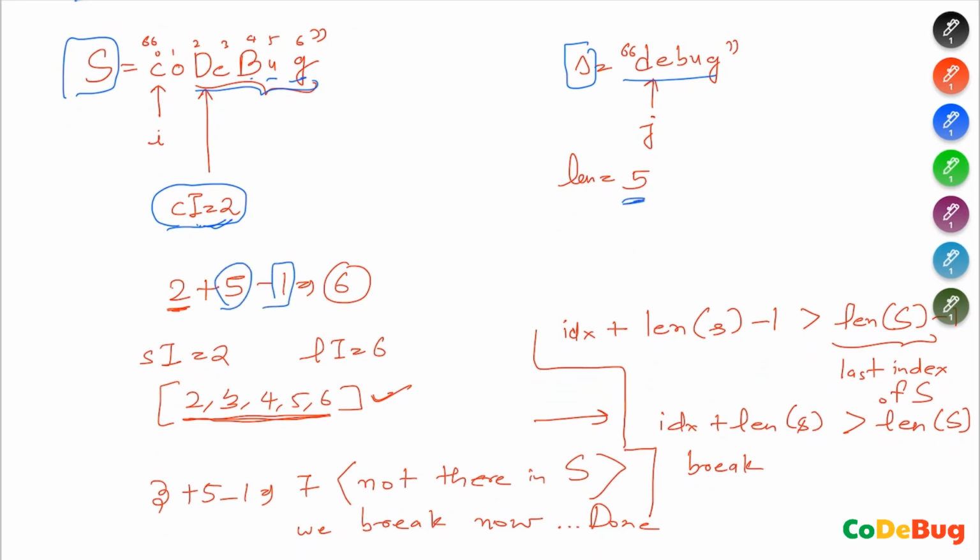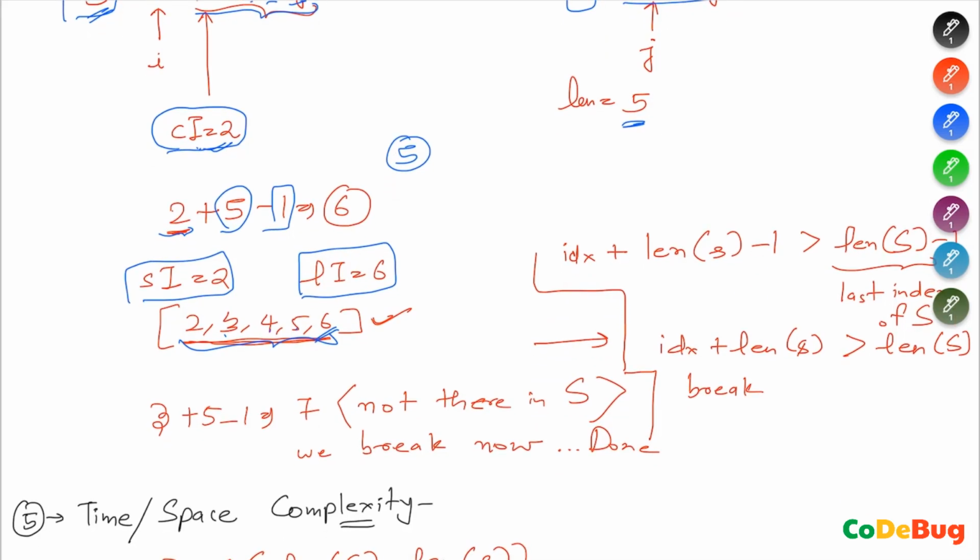The start index is 2 and the number of characters we have to look at in the capital S is 5 characters. So the last index we have to look at is 6. This includes 5 characters between these two indices: 2, 3, 4, 5 and 6, right?